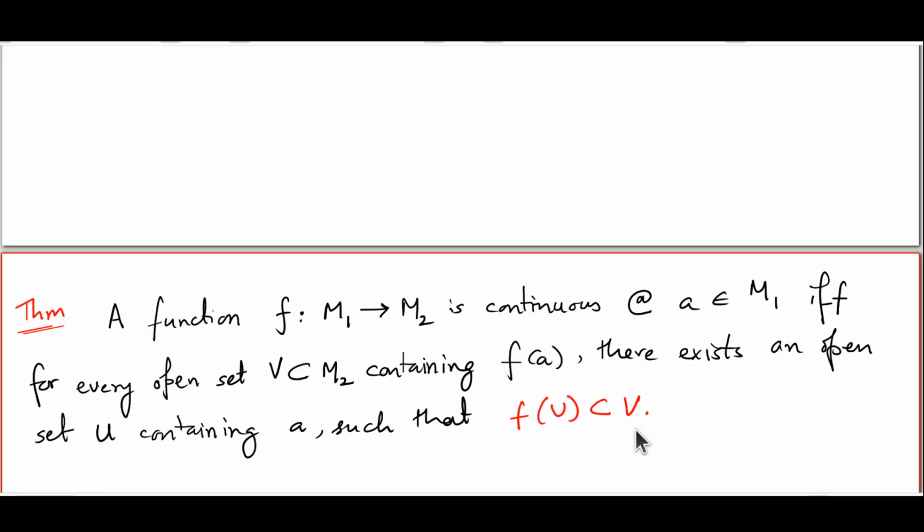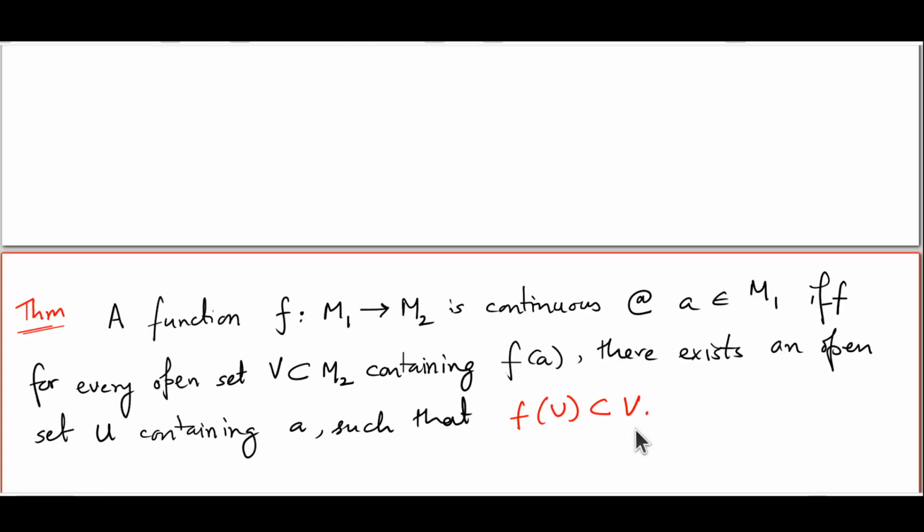We often say, instead of V is an open set containing f of A, simply V is a neighborhood of f of A. And using the language of neighborhoods, this theorem reads, a function f from M1 to M2 is continuous at A belonging to M1 if and only if for every neighborhood V containing f of A, there exists a neighborhood U containing A which maps entirely inside V under the action of f.